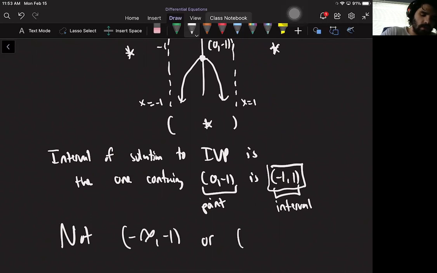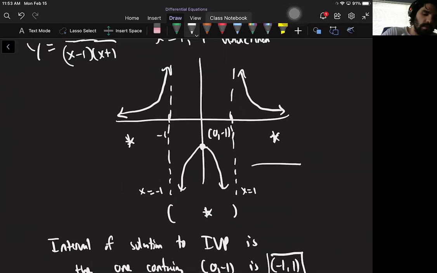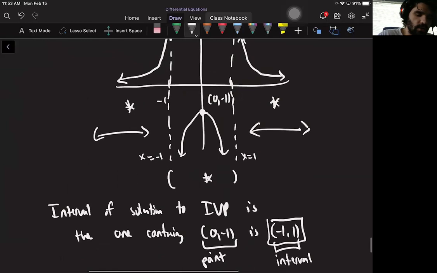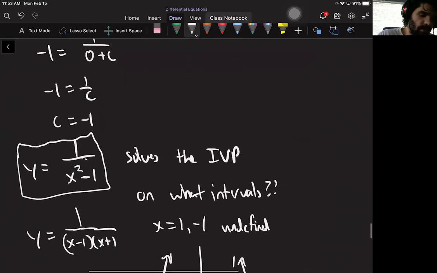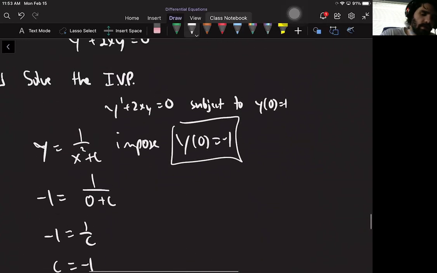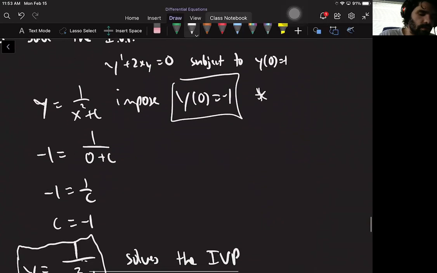And I also can't do 1 to infinity, meaning I can't do these two because they don't contain the point. But if I took away the initial value part, if I just didn't care about imposing this, then I could use the other intervals too.